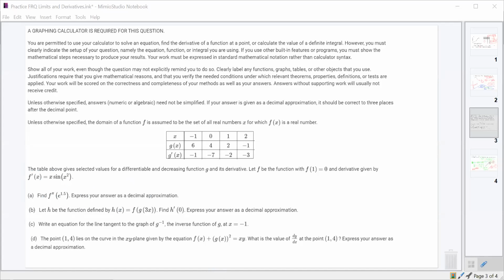Could we just do it by hand if we wanted to? You could, but I wouldn't recommend it. It's not that bad: it's x times cosine of x squared times 2x plus sine of x squared, and then you have to plug in 1.5 to that. But if you just use your calculator, it's just going to tell you.